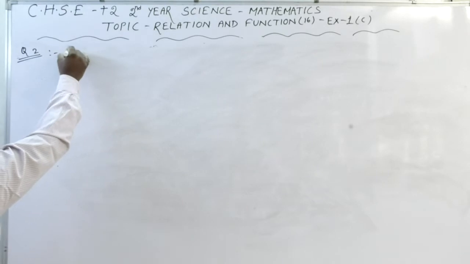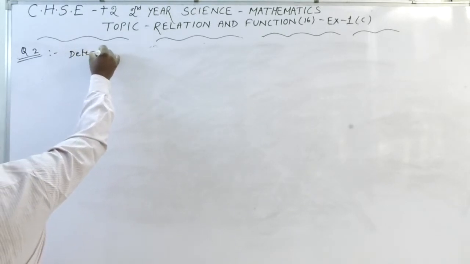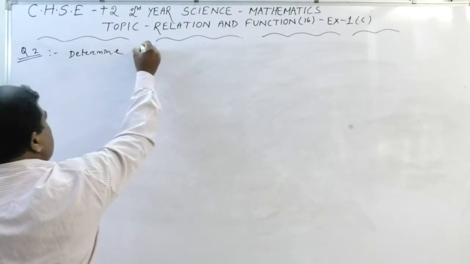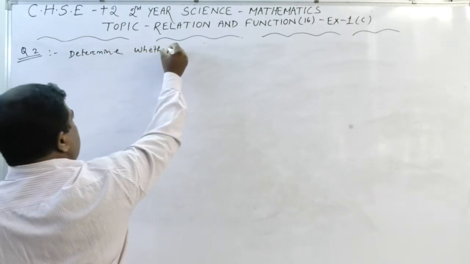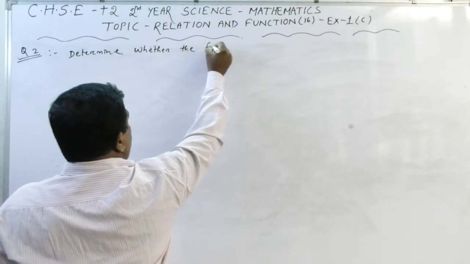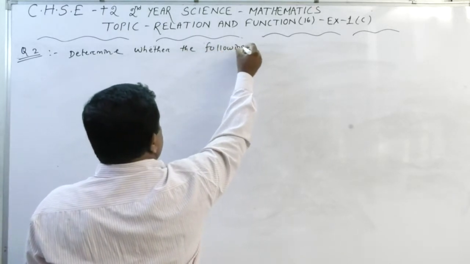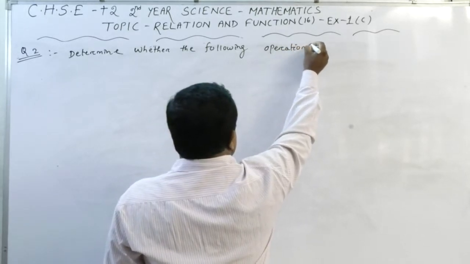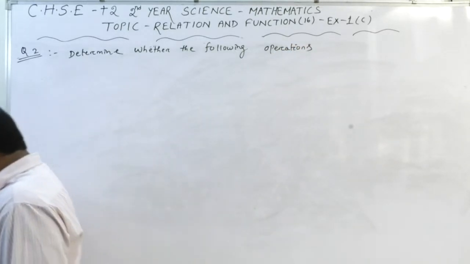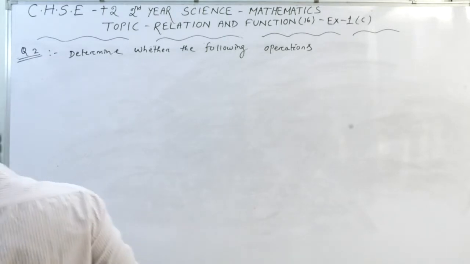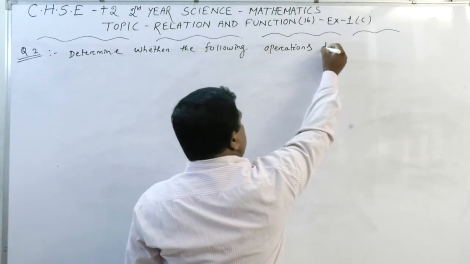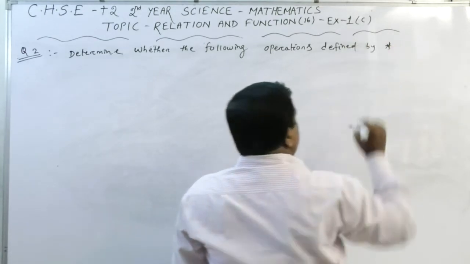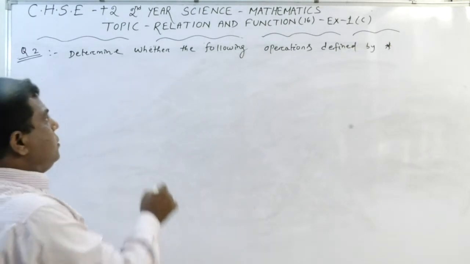Question number 2 says determine whether the following operations defined by star are binary operations.